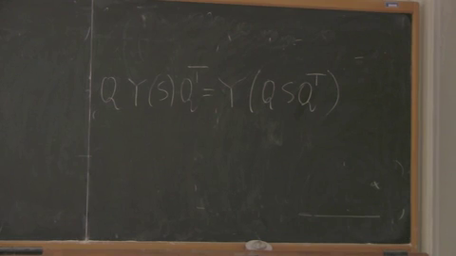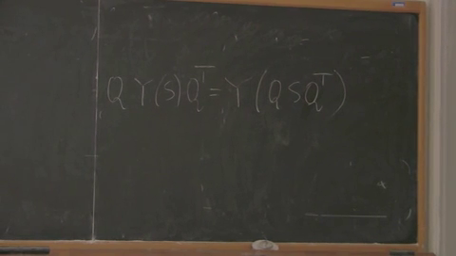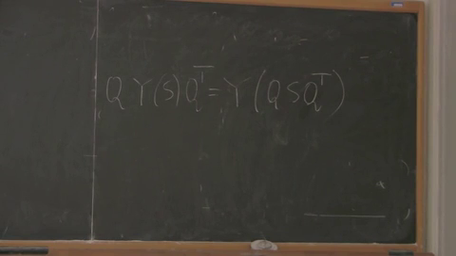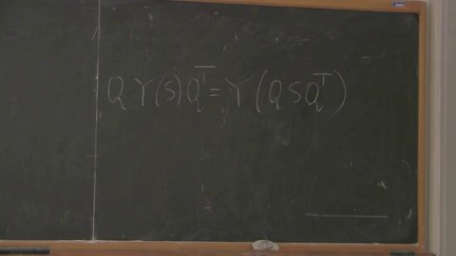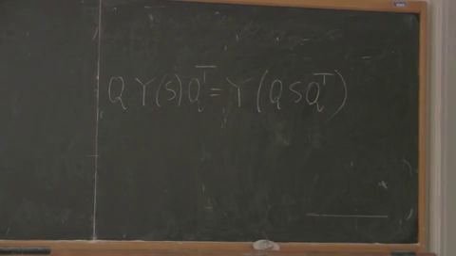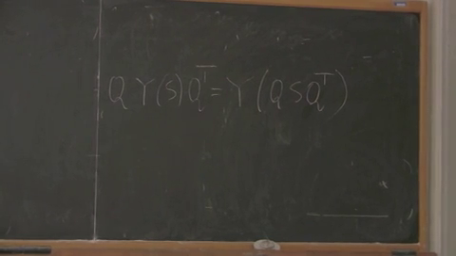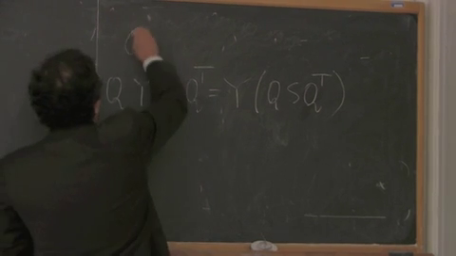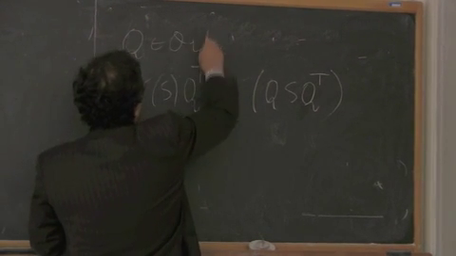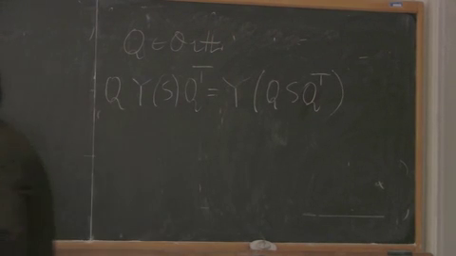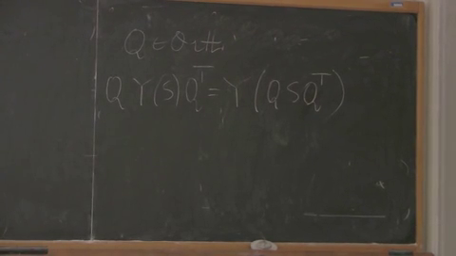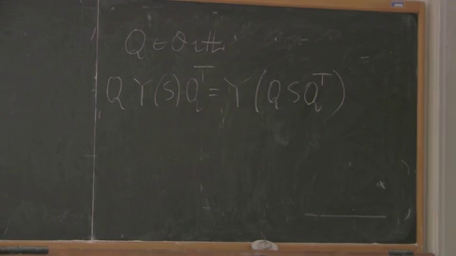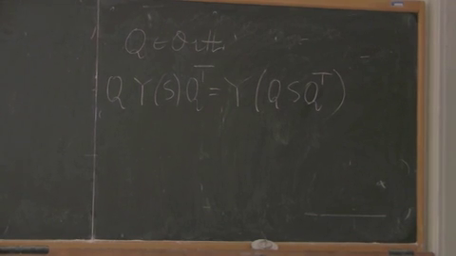Please do not give any particular meaning to S and any particular meaning to Y of S. This is an abstract theorem. You have a map from Sym to Sym which verifies this condition, where Q belongs to Orth. So it's an orthogonal map in V.